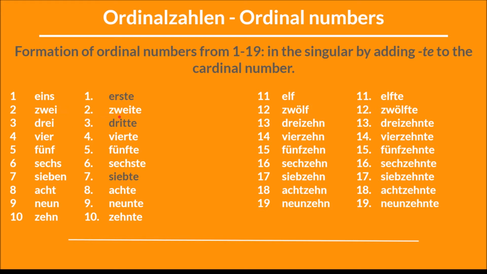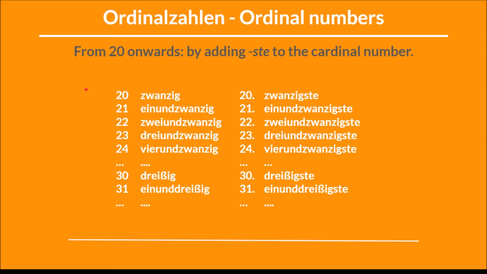2 becomes zweite. 4 becomes vierte. And it goes on until the number 19. Whenever you write an ordinal number in the German language, put a dot behind it so everybody knows that it's an ordinal number. From 20 onwards, we have to add the ending STE to the cardinal number.